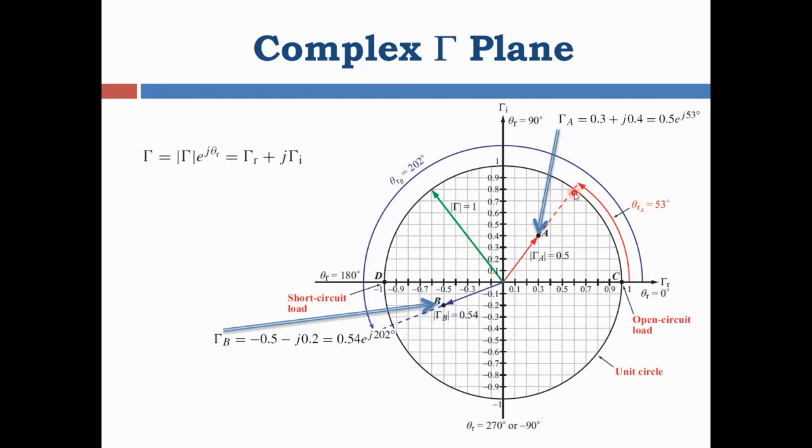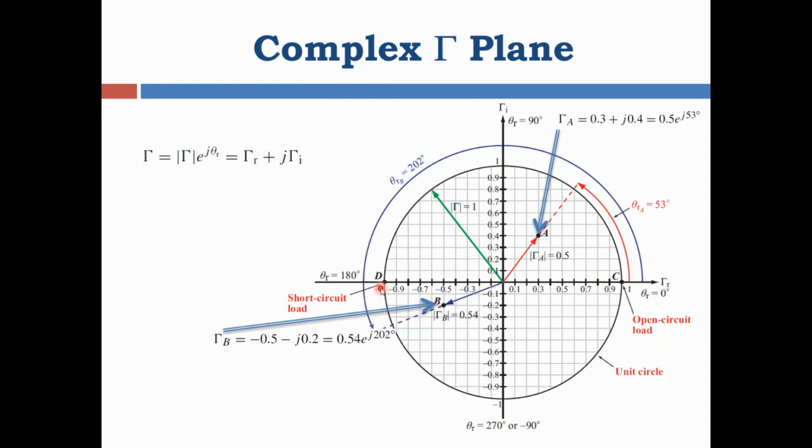Some special points on this are, at this point, when gamma is equal to 1, the open circuit, the location of the open circuit. And then this point D, since gamma is -1, is the position of the short circuit.